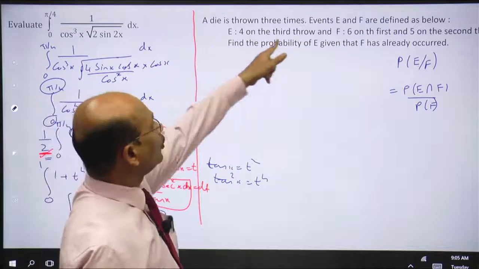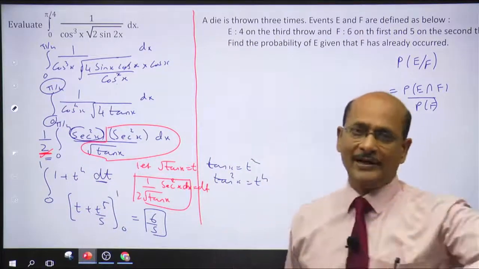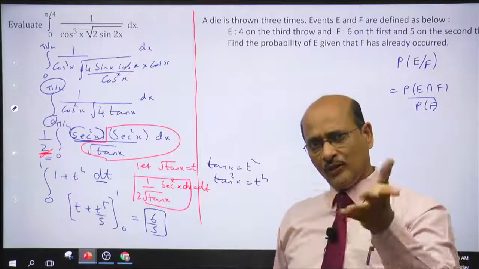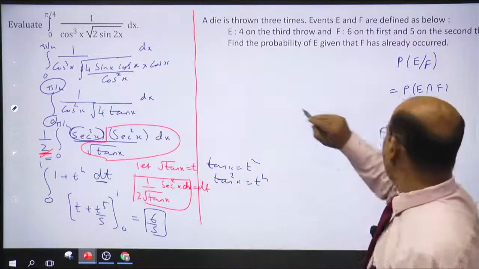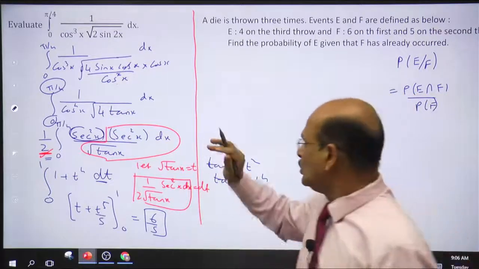A die is thrown 3 times. Now remember, in this case it's just not possible. See, when die is thrown twice, you can say 1 1, 1 2, 1 3, 1 4, 1 5, 1 6, 2 1, 2 2, 2 3, 2 4, 2 5, 2 6 and so on. But when I say a die is thrown 3 times, how do you write the sample space?